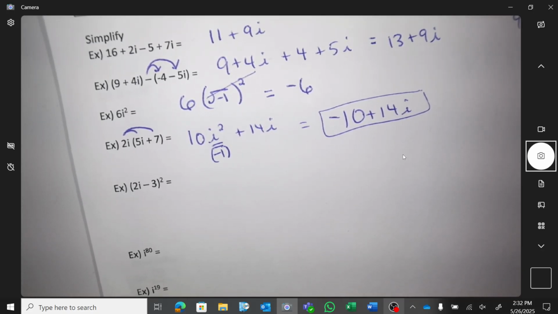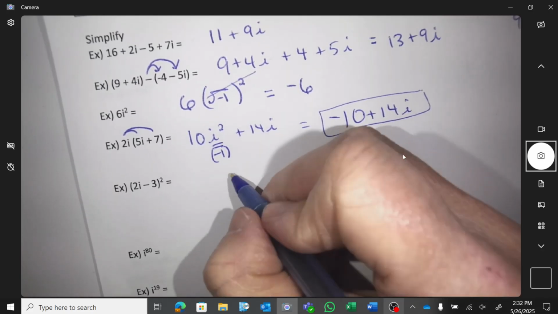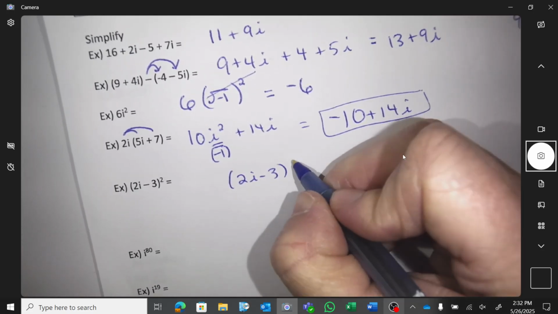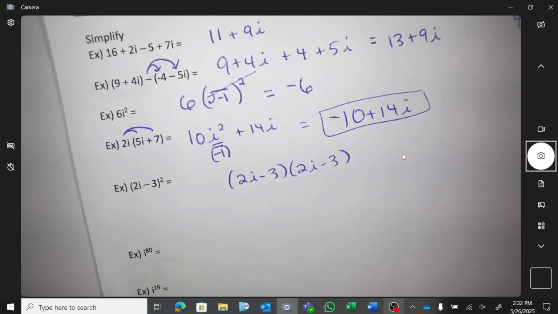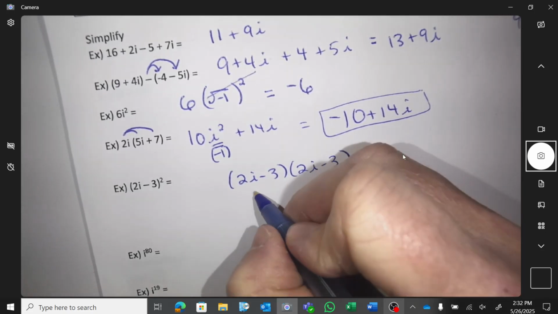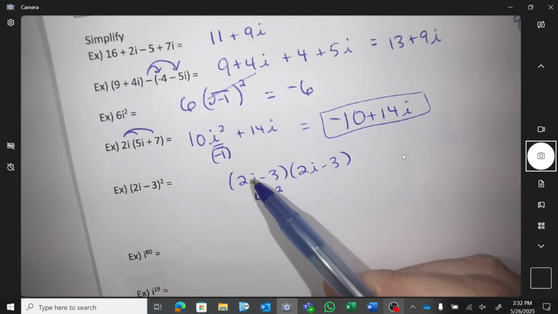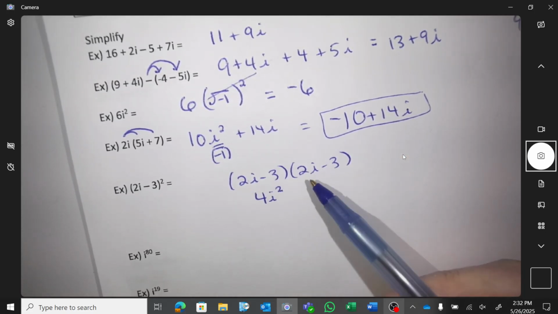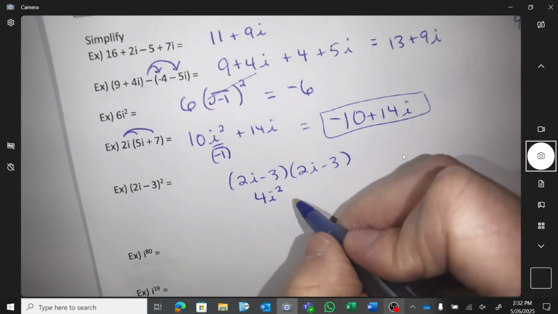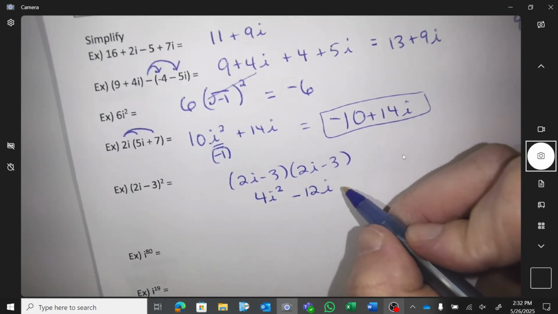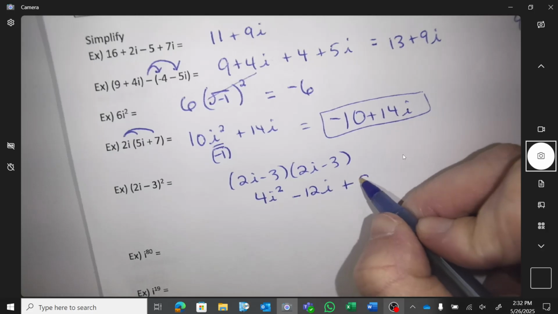Tell me what to do when you square binomials. FOIL. So if you square a binomial, you better do all 4 components, which will make 4i squared. Can we double this up here with a negative 6i, negative 6i, so negative 12i, plus 9.